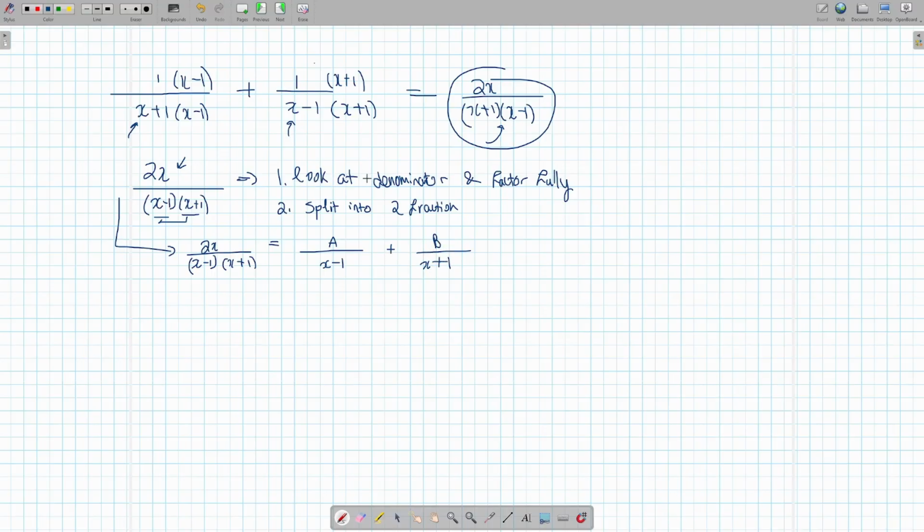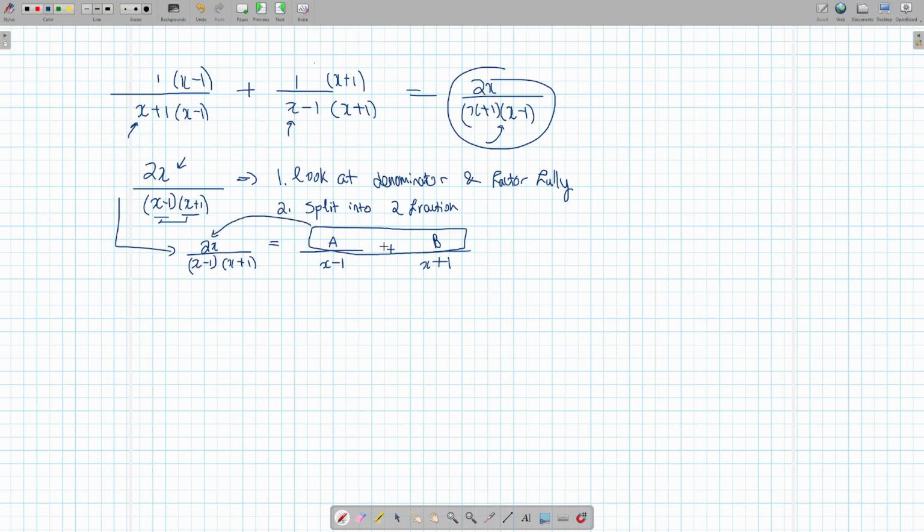There you go, we did our first step. We looked at the denominator and factored it fully. The next thing we did was split it into two fractions: A over the first factor, B over the second factor. Now, we know that when you add these two fractions, the numerator is going to end up like the original numerator.